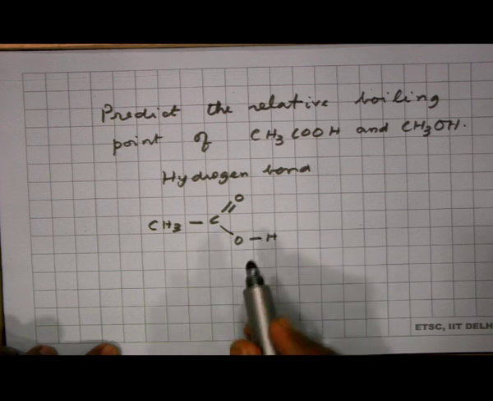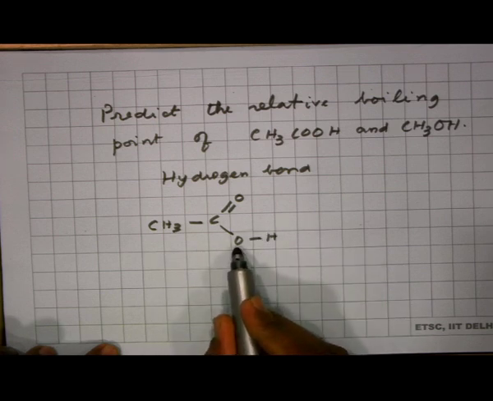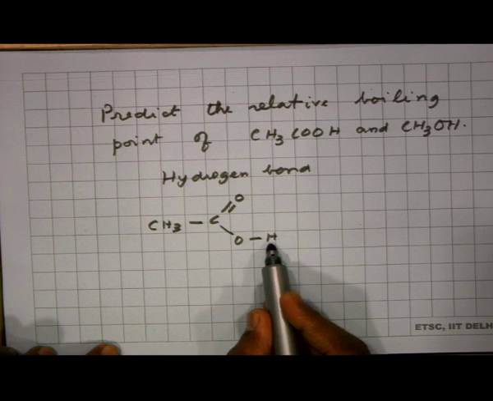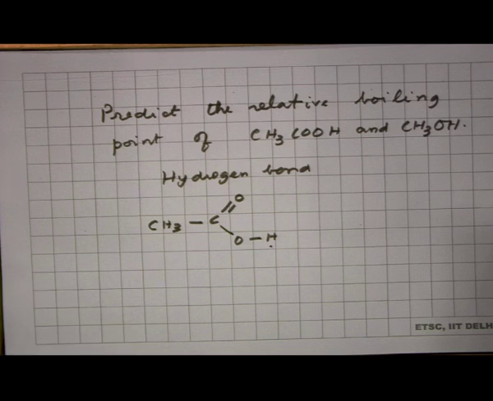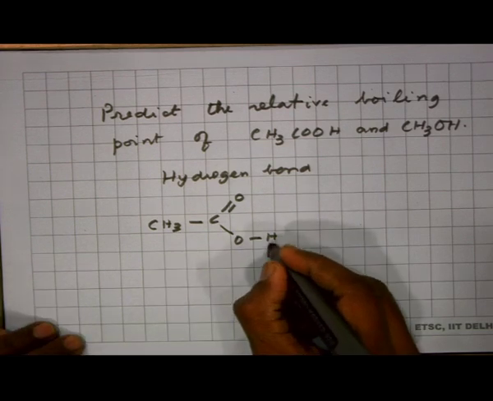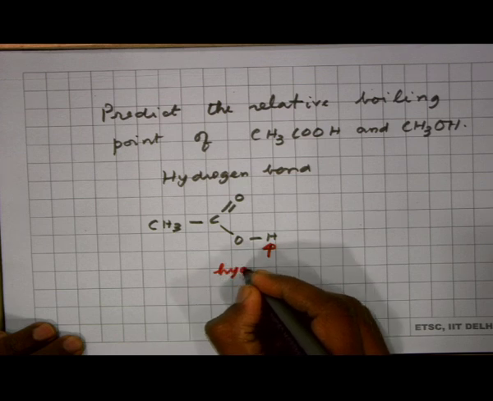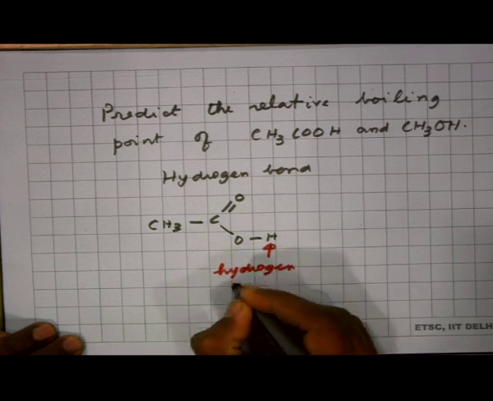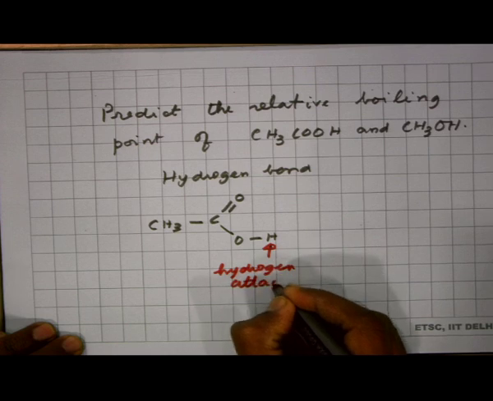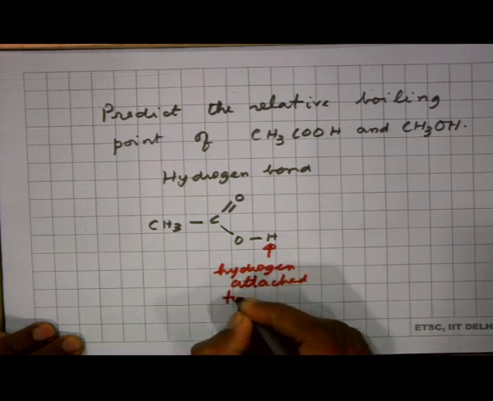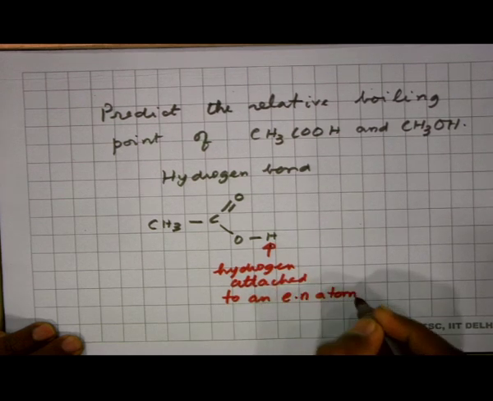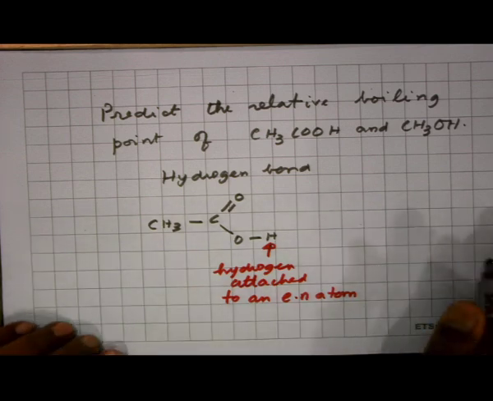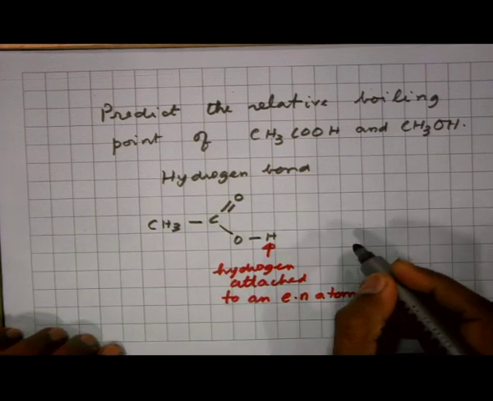So, to have a hydrogen bond, what are we saying? We say that if you have hydrogen attached to an electronegative atom, then it's a prospective hydrogen bond situation.